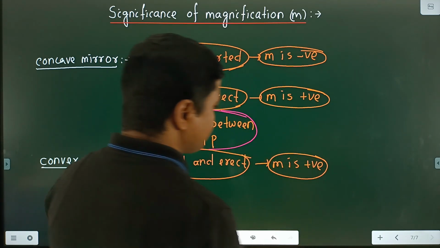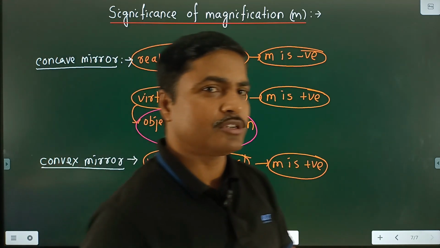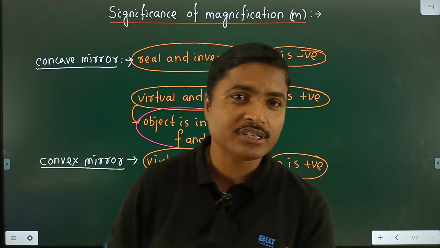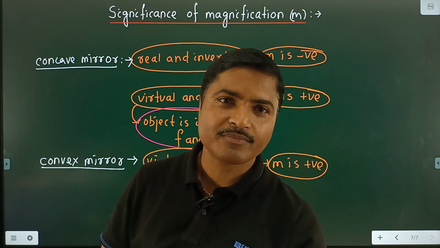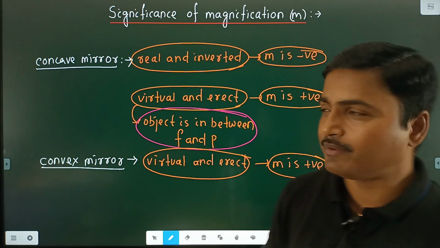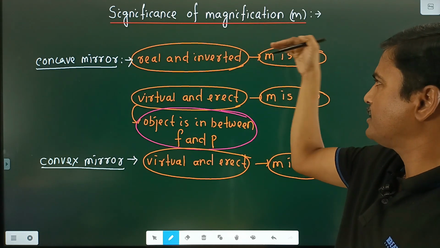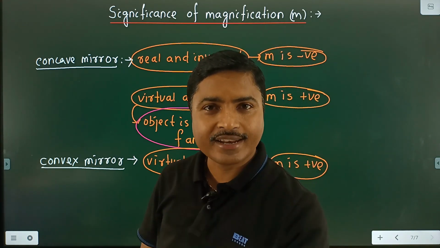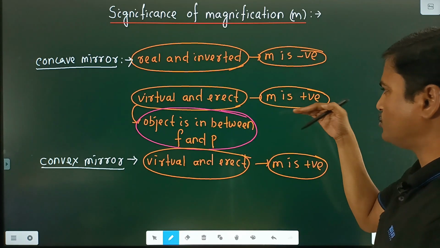That means in case of convex, magnification is always positive, but in case of concave, magnification may be positive, may be negative, that depends upon the nature of the image. If nature of the image is real and inverted, magnification is negative, and if virtual and erect, magnification is positive.